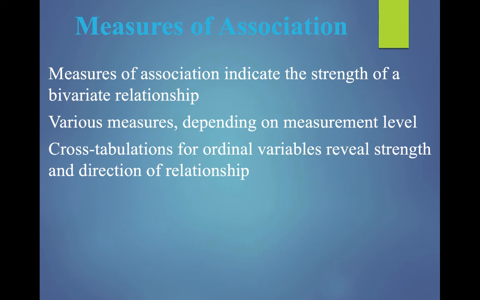Or high values on the independent variable are associated with low values on the dependent variable, which represents a negative relationship. So percentaging shows whether lower values are associated with lower values, meaning a positive association, or with higher values, a negative association.